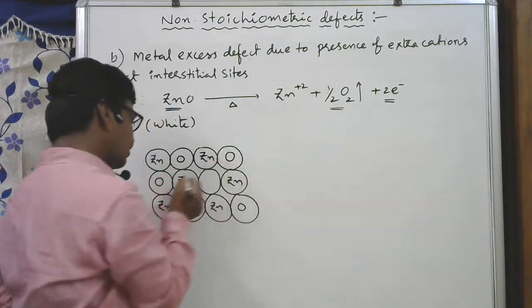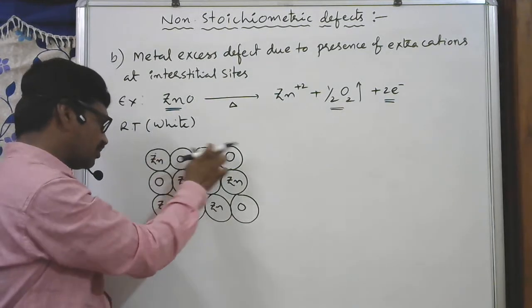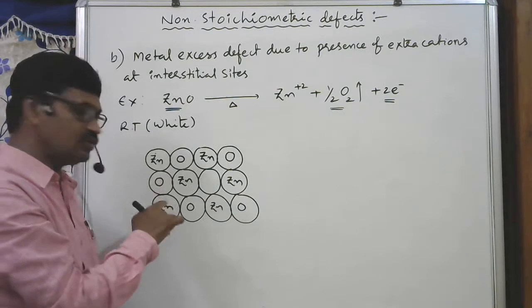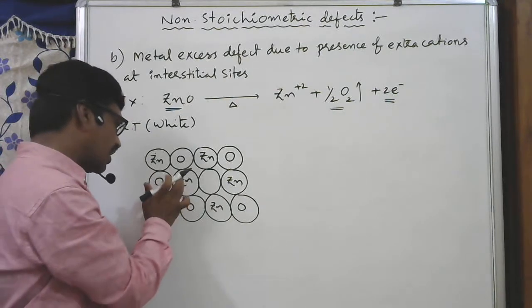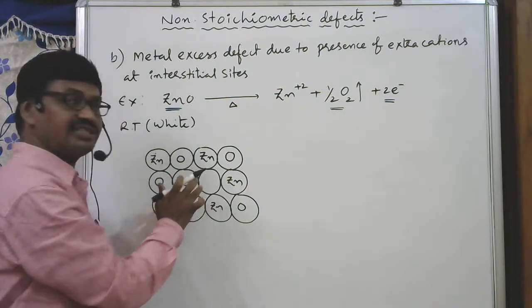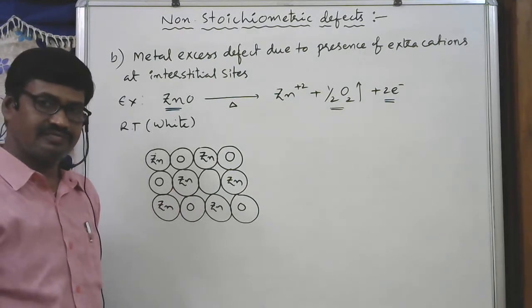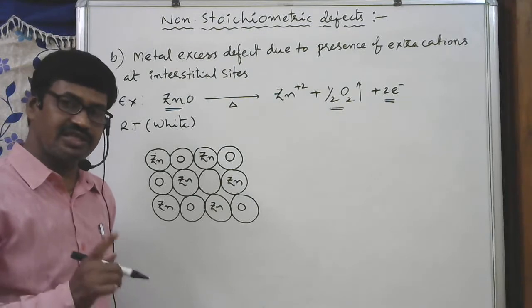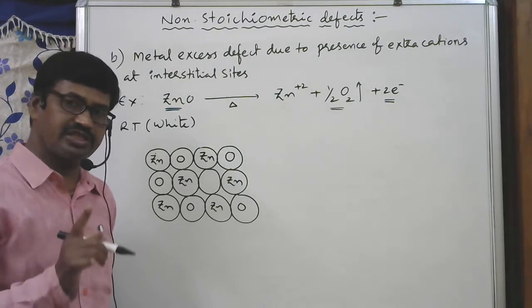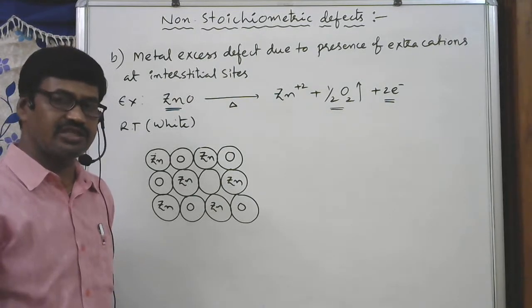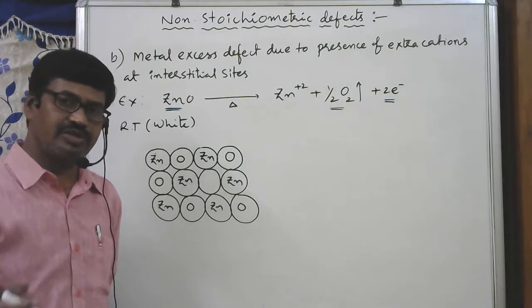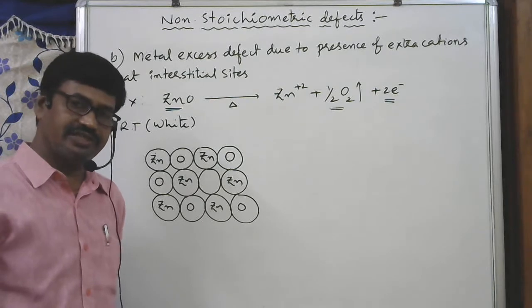That means one of the zinc, from any of these zinc spheres, now enters into an interstitial site as zinc plus 2 ion, because to maintain electrical neutrality, the number of positive charges must equal the number of negative charges. Almost all crystal lattices, even after a defect, maintain electrical neutrality.